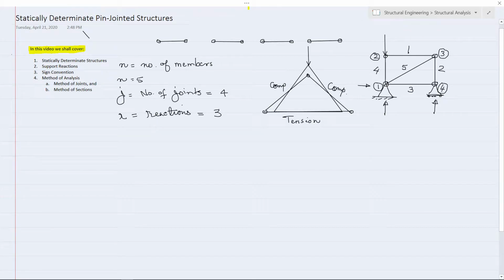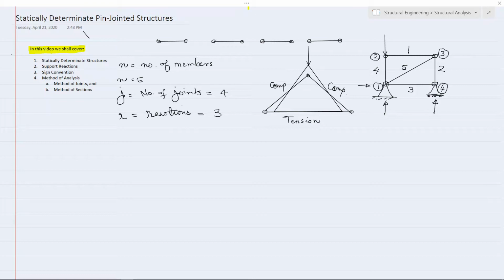Now we want to solve this problem. If we want to solve this problem, that means we should know what the unknowns are and what the knowns are. The unknowns are the forces in the members and the reactions.